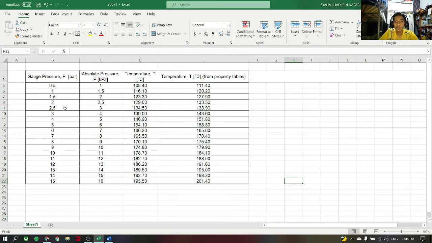After we finish filling the table, we need to draw the graph of the absolute pressure versus the temperature, and the data that we will use for the temperature is from both experiments, which are the experimental and the theoretical.